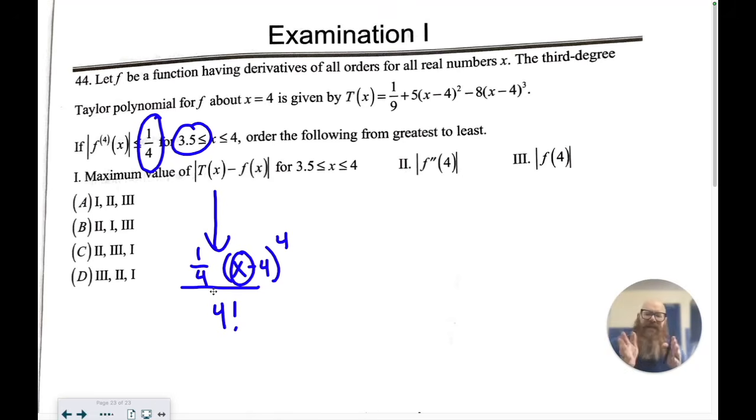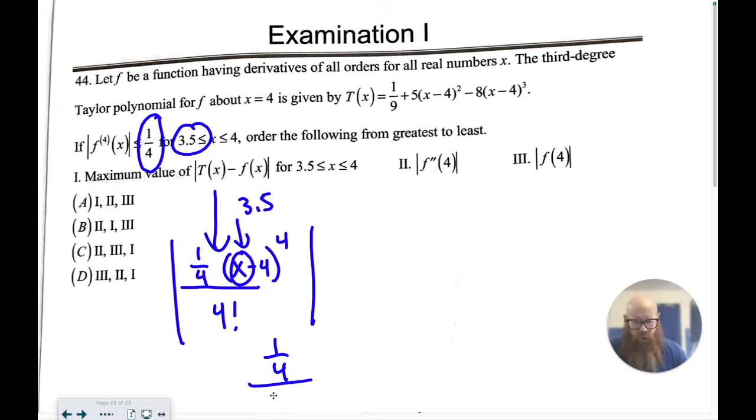Like the max error, the farthest we can go from 4 here is 3.5. So that's why we're plugging in 3.5. 3.5 minus 4 is 0.5. And then again, we're taking the absolute value. So we really end up with 1/4 over 4 factorial times 0.5 to the fourth.